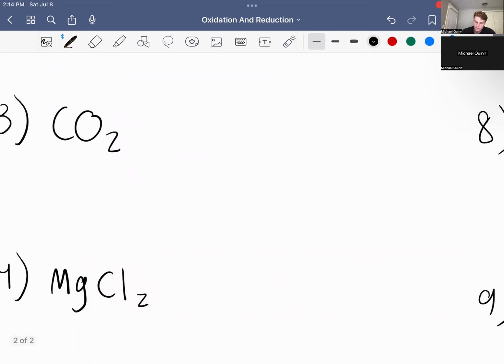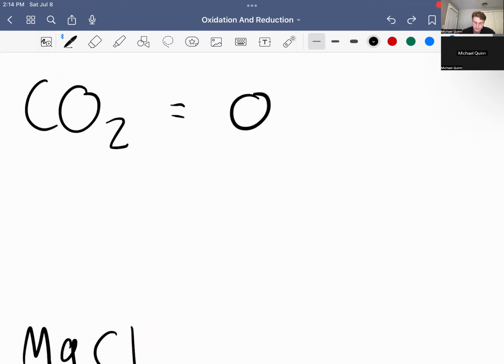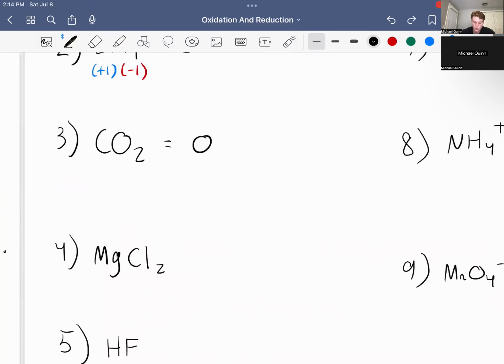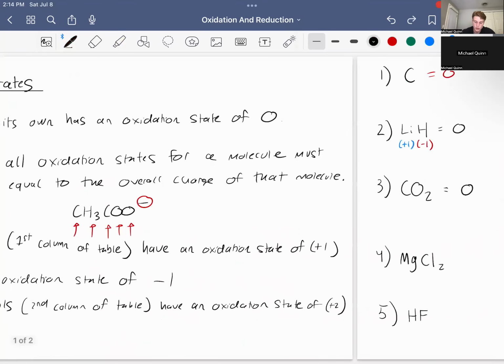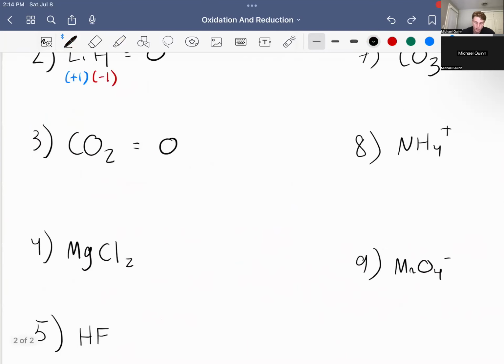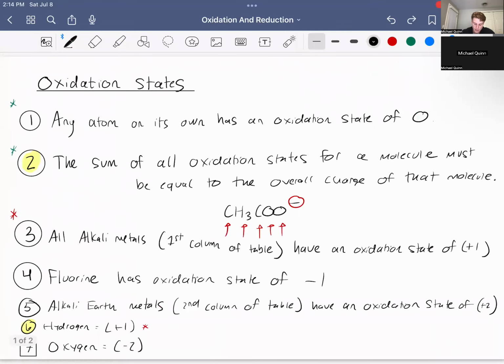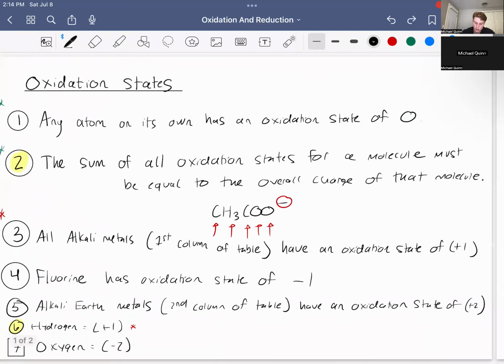So for number 3, let's follow the same steps. We will set this equal to 0 because CO2 does not have an overall total charge. So let's see where our rules pop up. I do not see a rule for carbon on the list of rules. So let's see where we find our rule for oxygen. Rule number 7 says that oxygen has an oxidation state of -2.